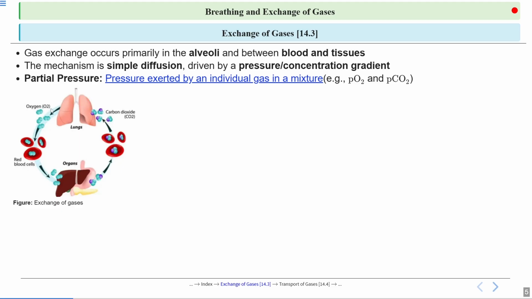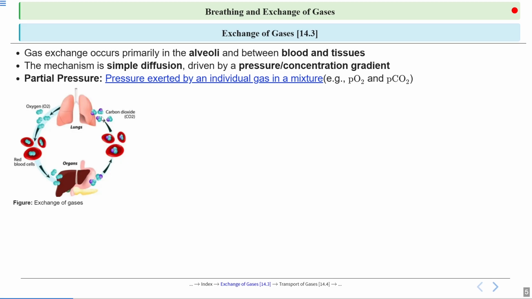Here you can see the oxygen is taken by the RBC, red blood cells. It reaches the organ, and the organ is made up of different types of tissues. There the RBC gives out oxygen, and the organ or tissue gives out carbon dioxide to the RBC, and the RBC takes that carbon dioxide back to the lungs to get it purified.